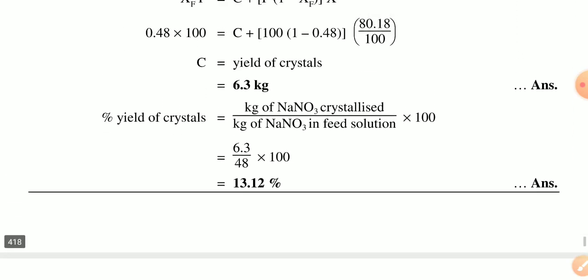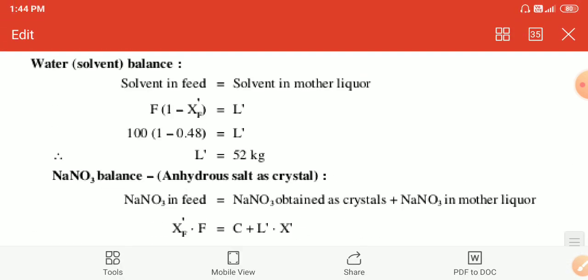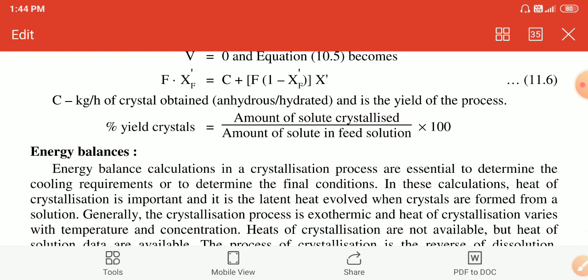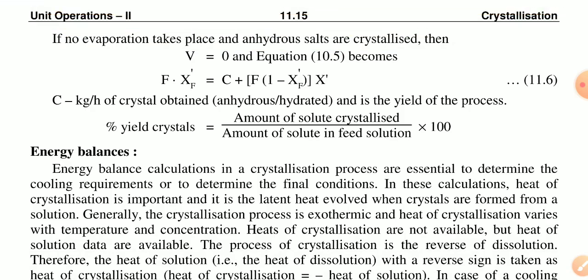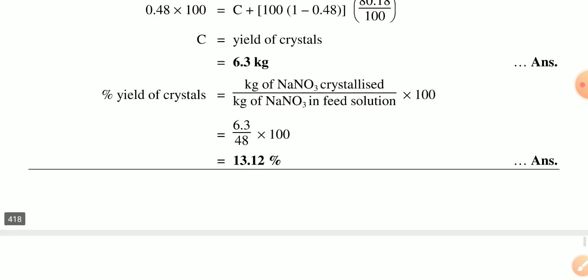Then the percentage yield of the crystals is equal to kg of NaNO3 crystallized divided by kg of NaNO3 in the feed solution, multiplied by 100. The percentage yield of the crystal is equal to the amount of solute crystallized divided by the amount of solute in the feed solution multiplied by 100. We use this equation here.